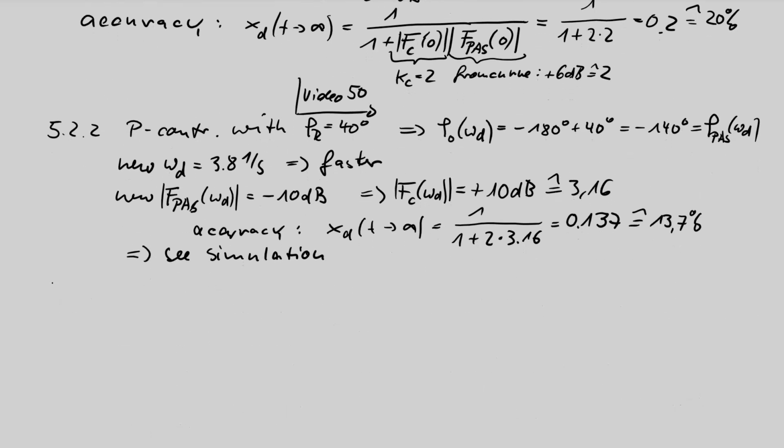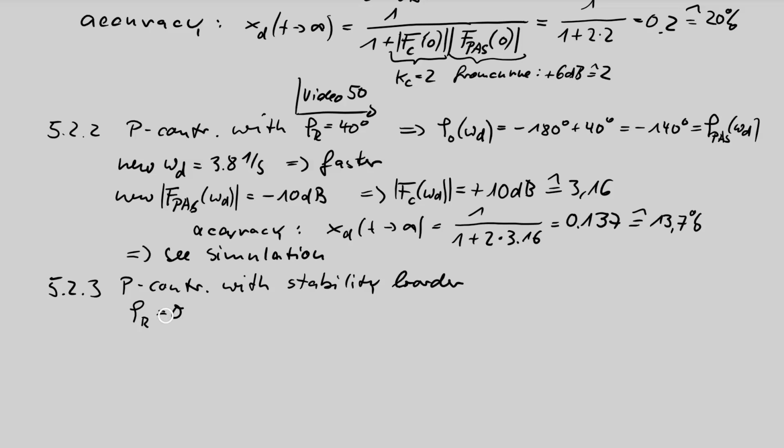In my next case, I want to check P controller at stability border. The border case, coming from Nyquist frequency, the border case is phase margin is 0.